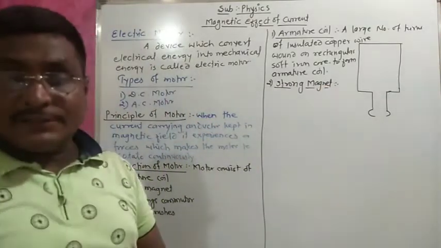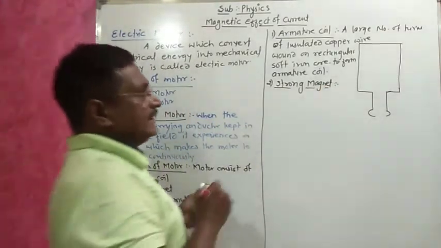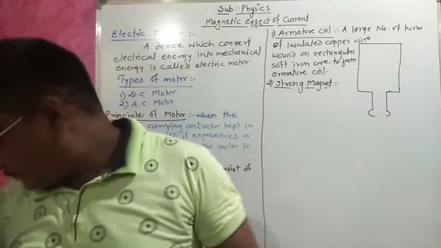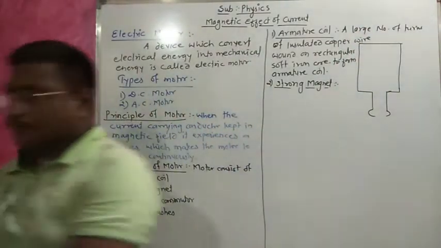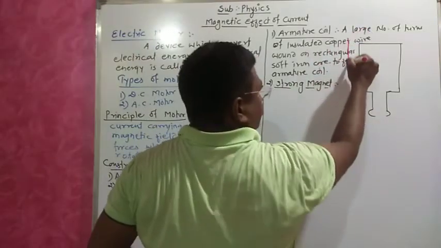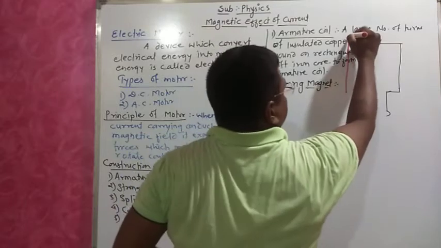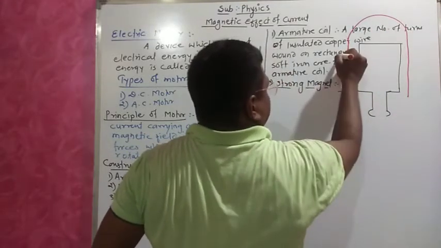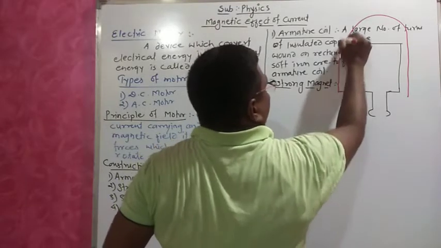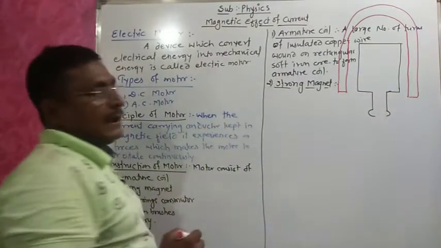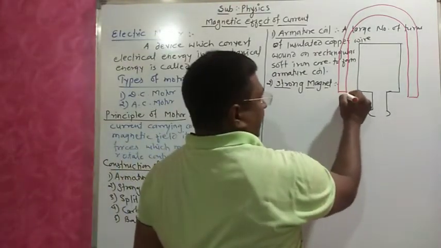The armature coil is kept between the poles of the strong magnet, north and south.